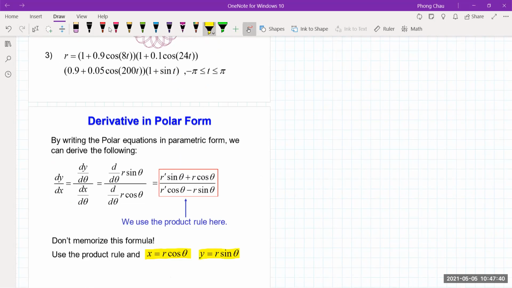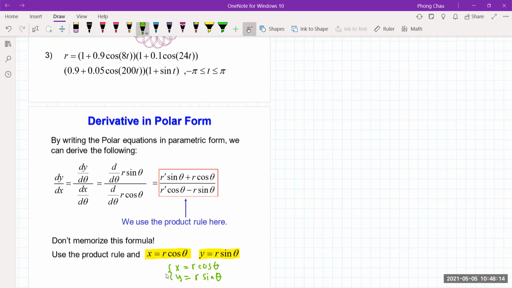When we take a derivative, keep in mind that we're always doing dy/dx. That's the change of y with respect to x. Now, if you're looking at these 2, x is the same as r times cosine of theta, and y is r times sine of theta. Okay, so we can express x and y in terms of theta.